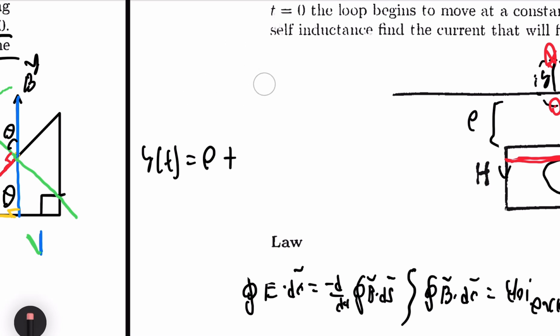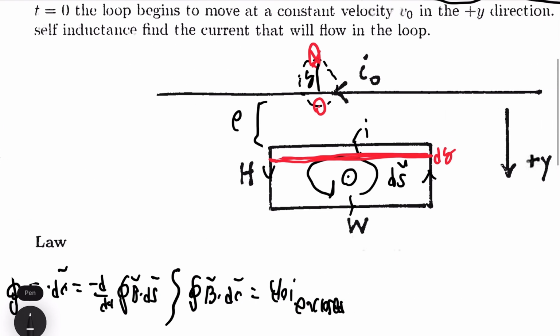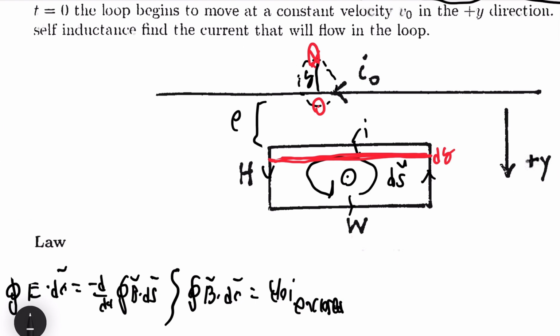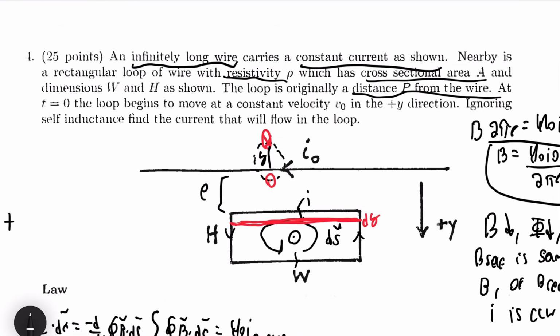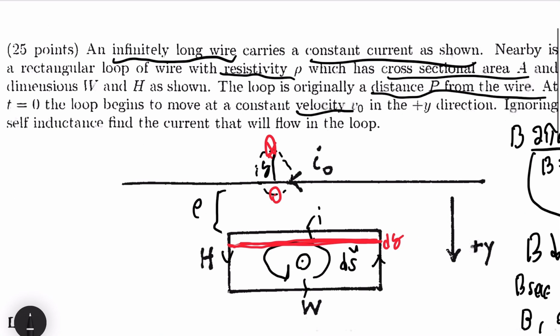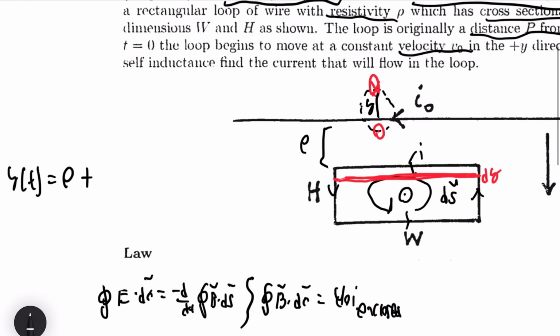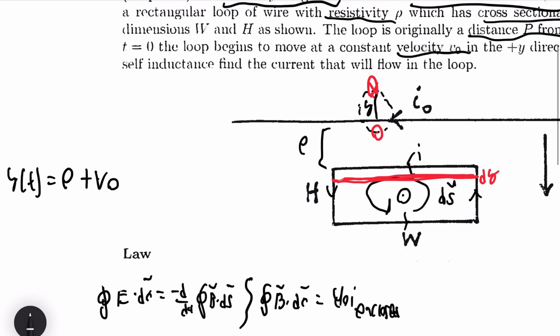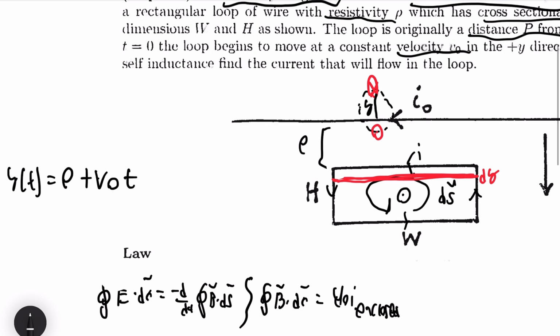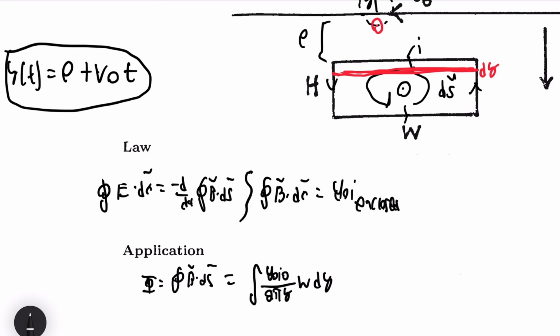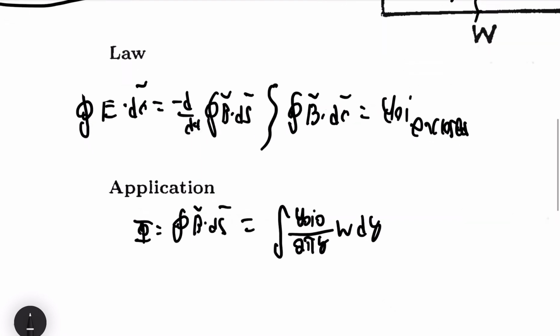So y is the integral of v dt. My velocity is v naught. So I'm going to have v naught, and I integrate with respect to t, which is t. So this is the y I'm talking about. So my bottom bound is not going to be p, but it's going to be this y that I found.